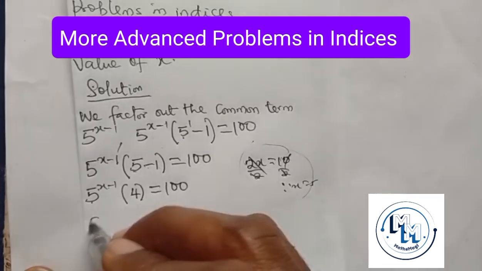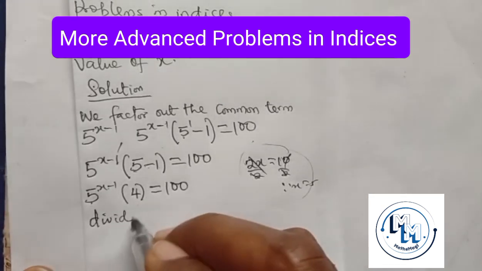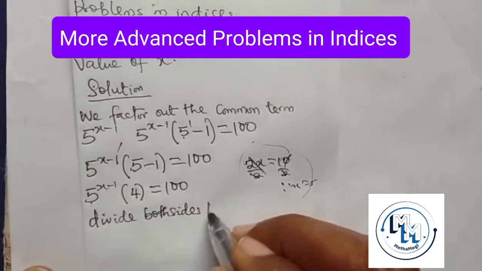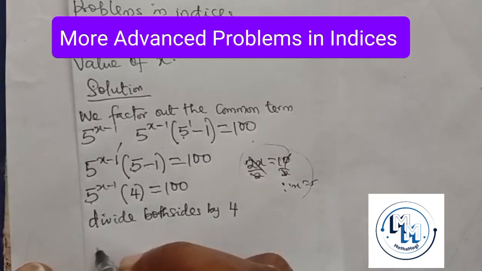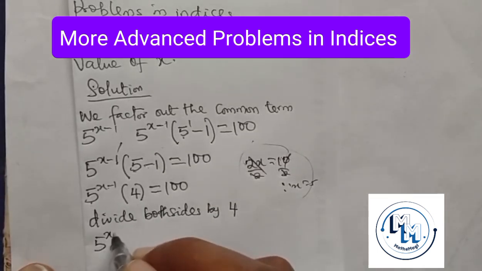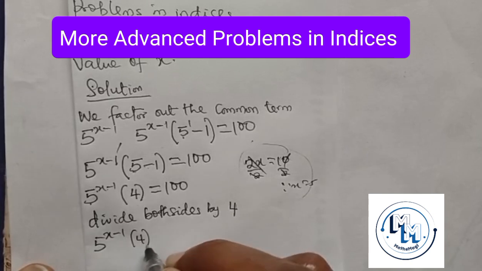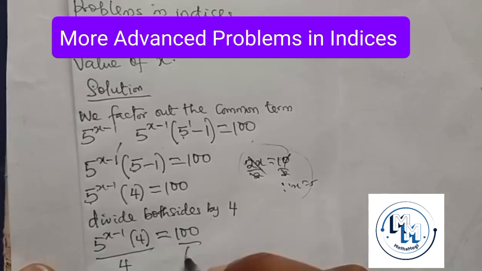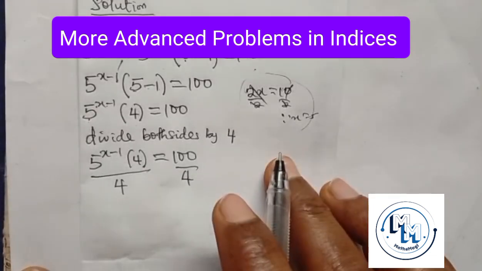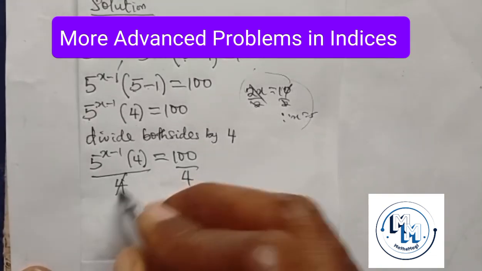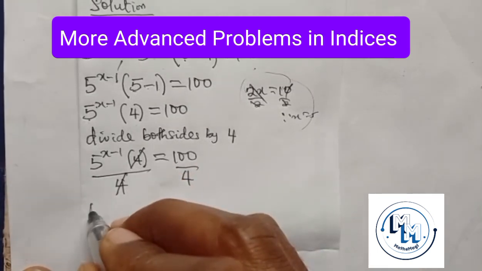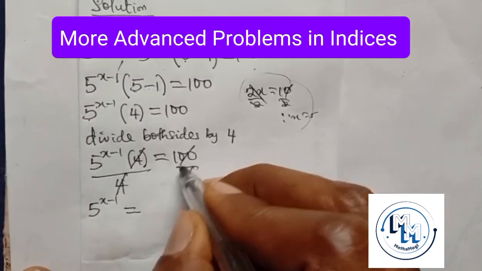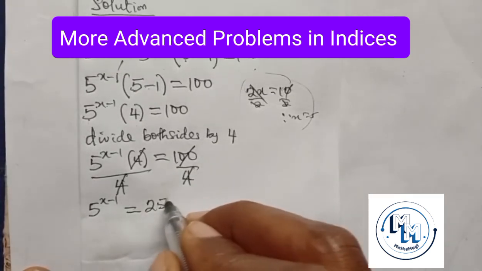So you say divide both sides by 4, such that we have 5 power x minus 1 times 4 over 4 is equal to 100 over 4. So 4 cancels out 4. We are left with 5 power x minus 1 equal to 25.